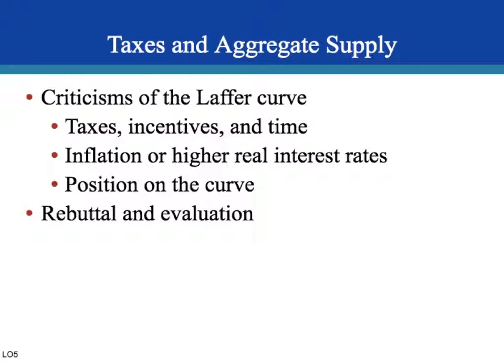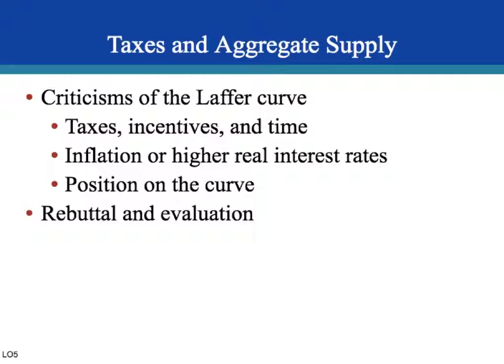Okay, there are a lot of criticisms of the Laffer curve. First is that there hasn't really been a lot of strong evidence that higher taxes lead to less worker productivity and also less incentive to work. The other criticism is that when the economy is at full employment or even higher, then decreasing taxes shifts aggregate demand to the right and increases inflation even more.